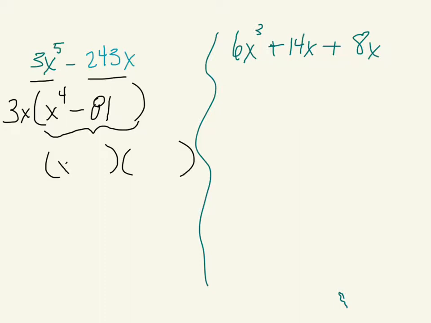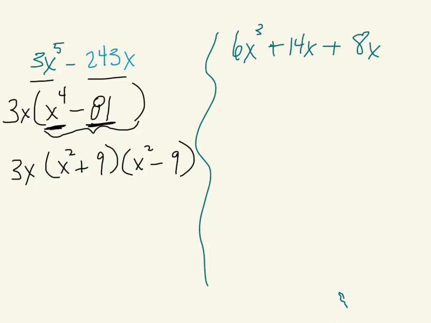The difference of 2 squares has the square root of this x to the 4th first. It has the square root of this 81 last. One's positive, one's negative. We still have this 3x out front. So I just factored that. I can't factor the trinomial further. This is actually it.